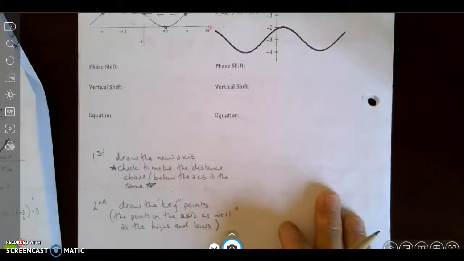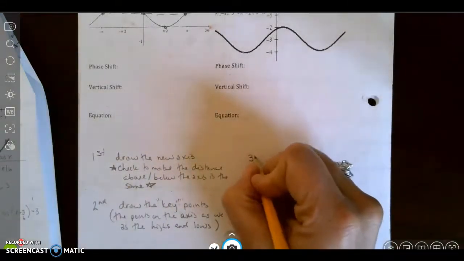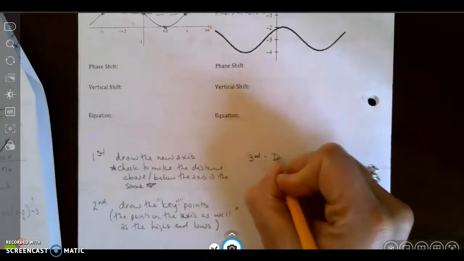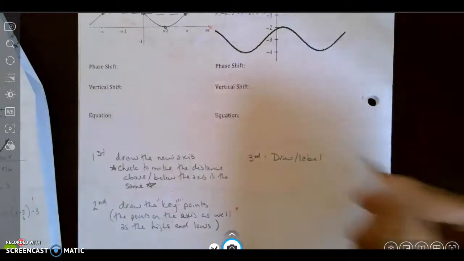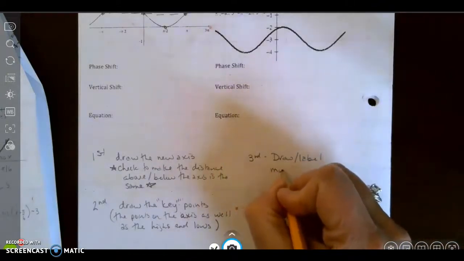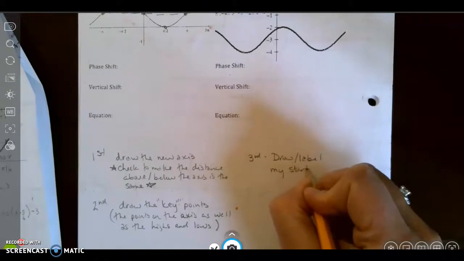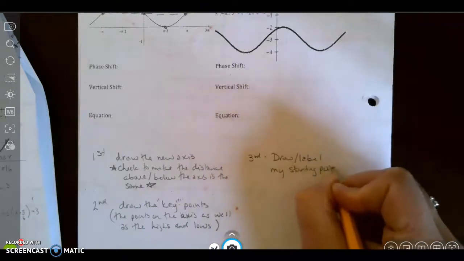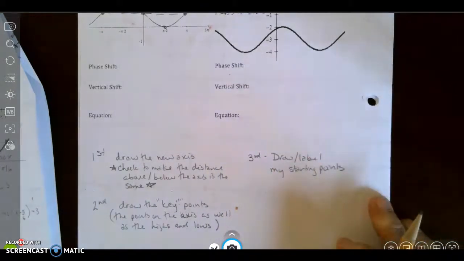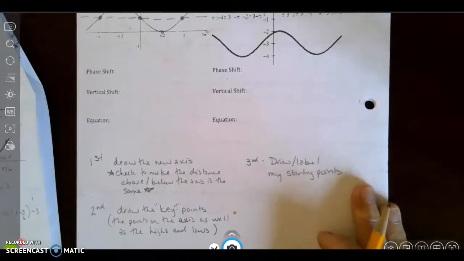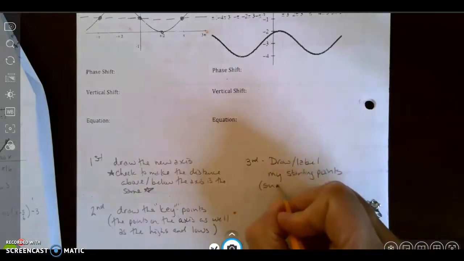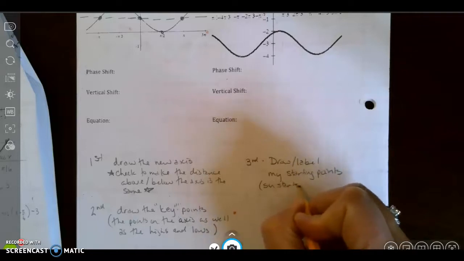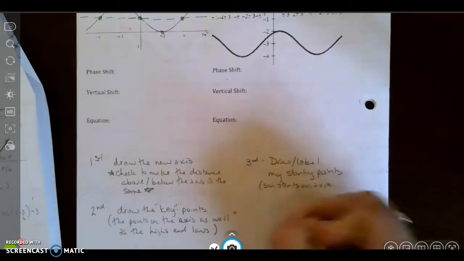All right. Now my third step is to draw or label my starting points. Now remember that sine always starts on the axis and goes up.